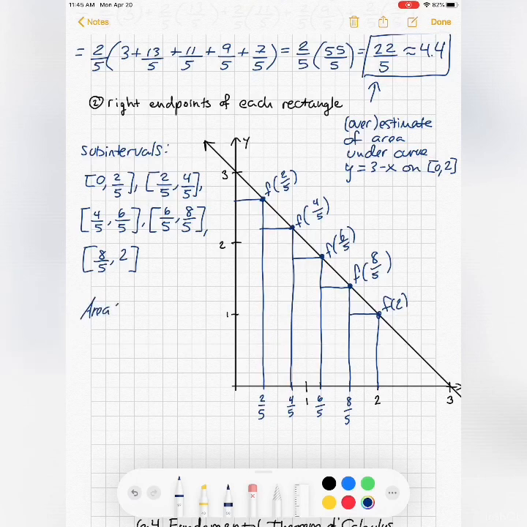Okay, so let's set up the Riemann sum. So each rectangle still has a length 2/5. Got 2/5, and then let's see, f of 2/5. So that was 3 minus 2/5, so that was 13/5.